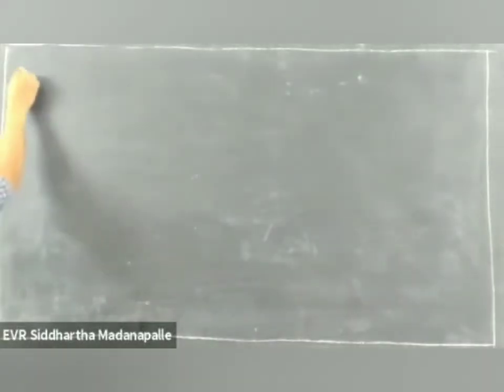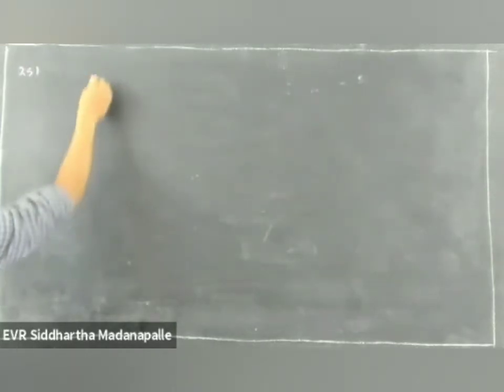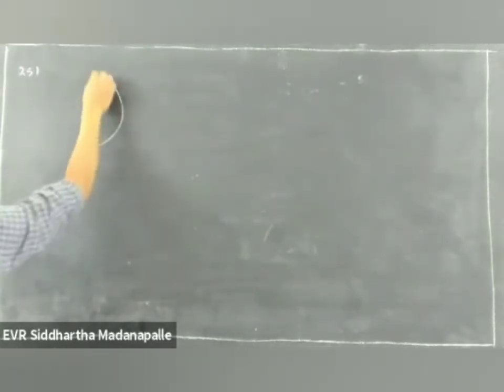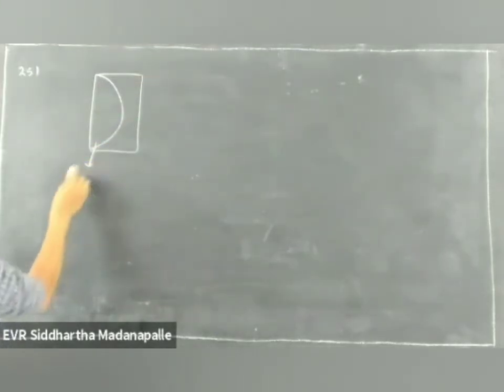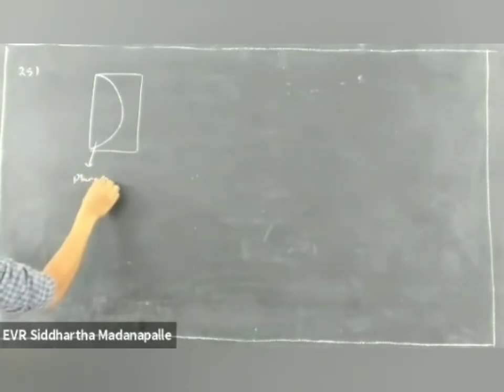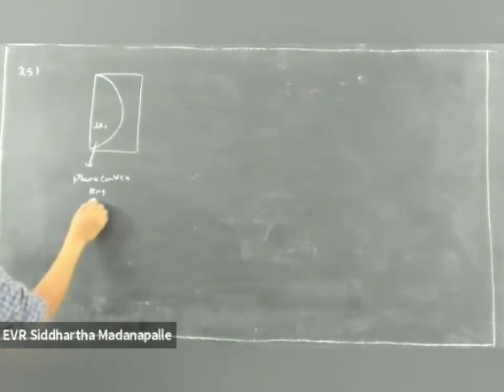Right, question number 25. Here they have given a diagram. So this is a plano-convex lens of refractive index mu1, and let us consider focal length is f1.